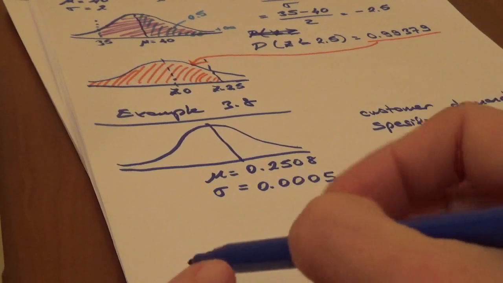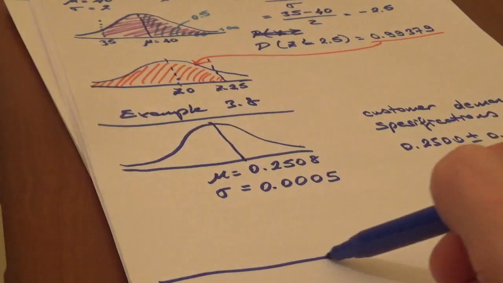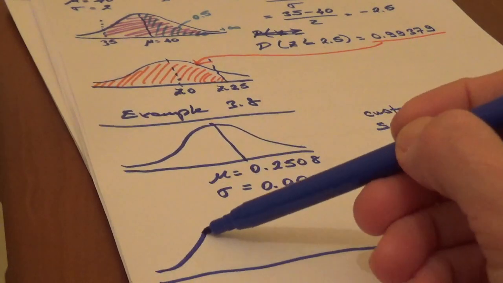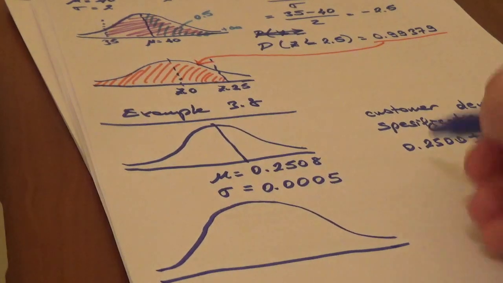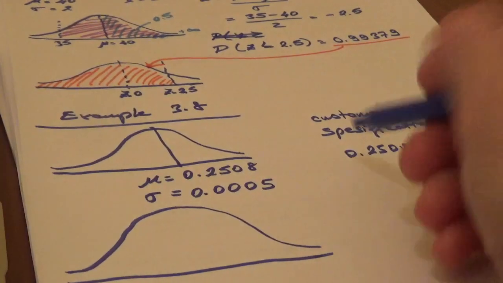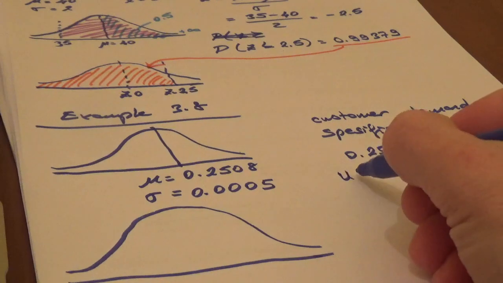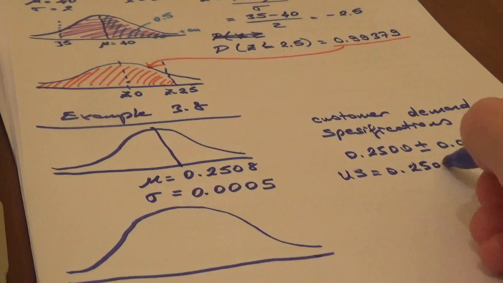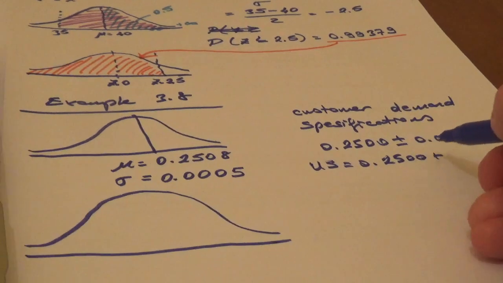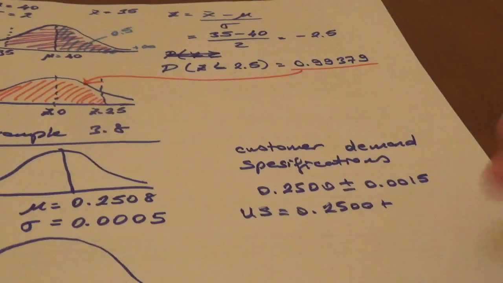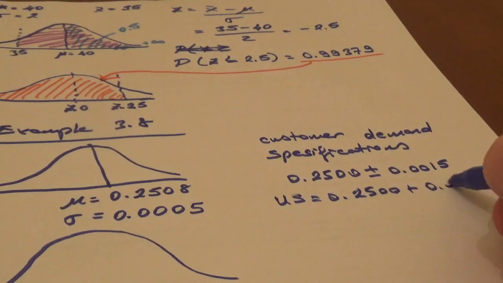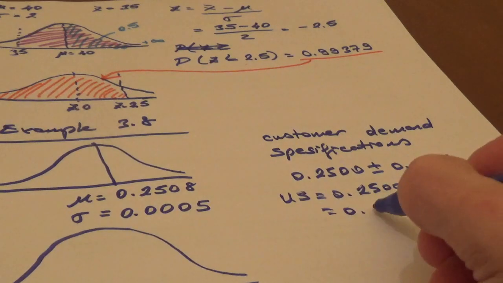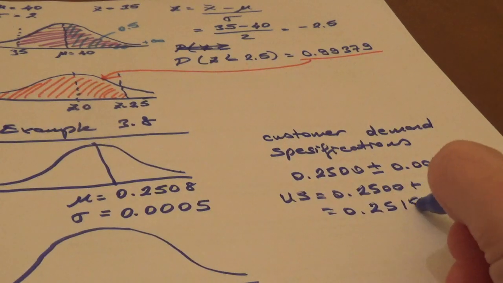What do they want? What are the specifications? The upper specification will be 0.2500 plus 0.0015, that is 0.2515.